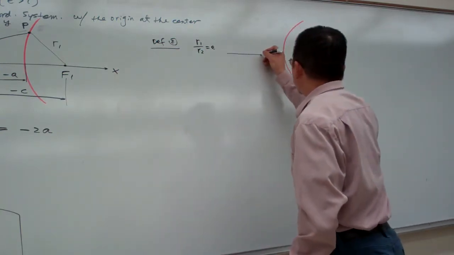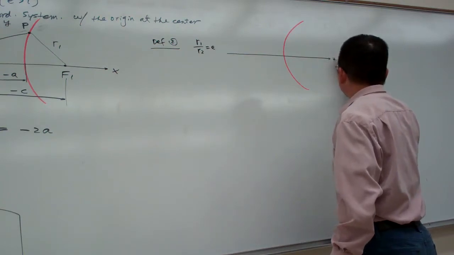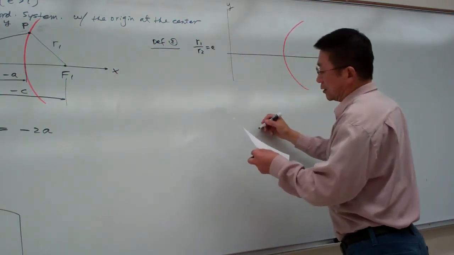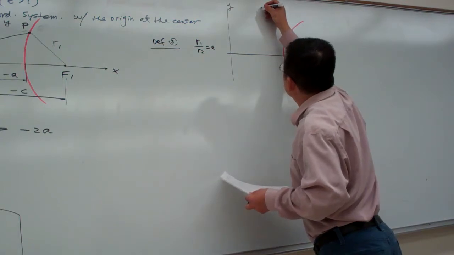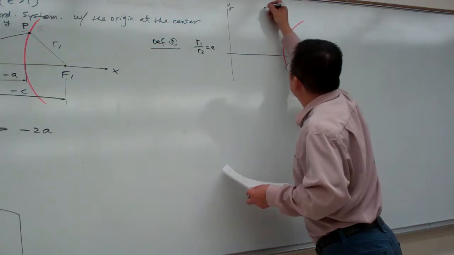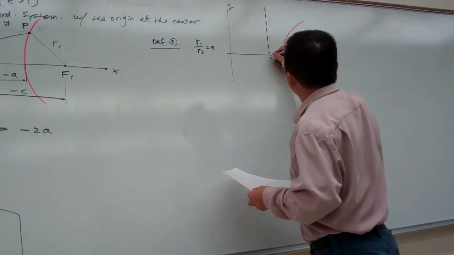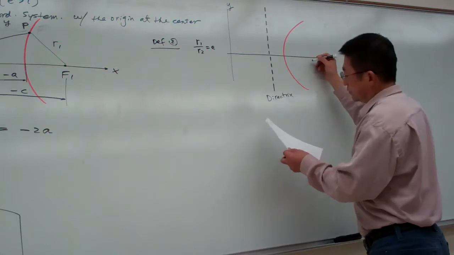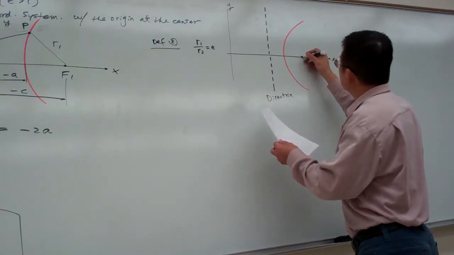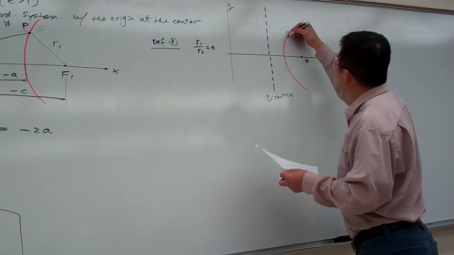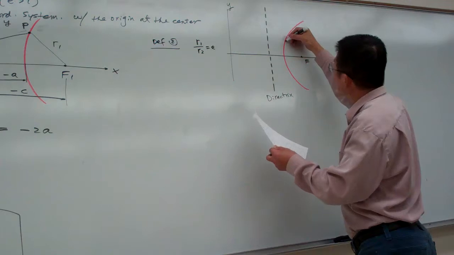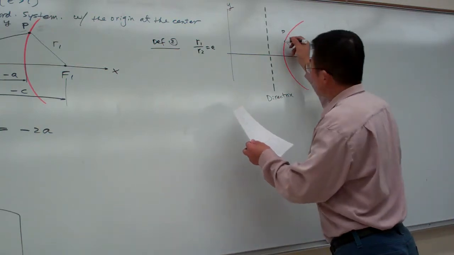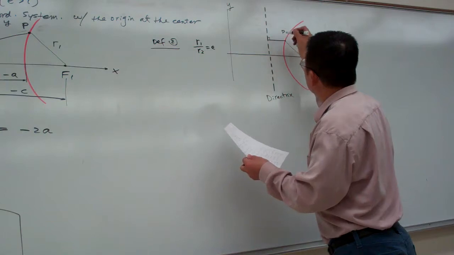And again, we're still in the Cartesian coordinate system, and the directrix. So for any point, let me say the point is here, this is R1 and this is R2.